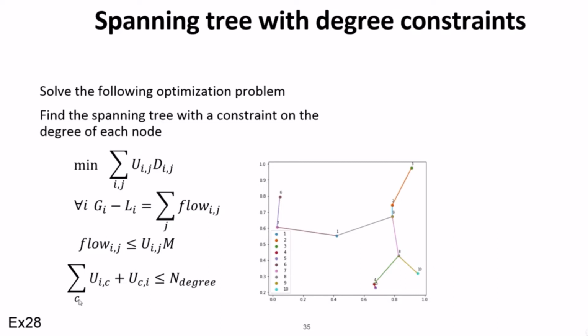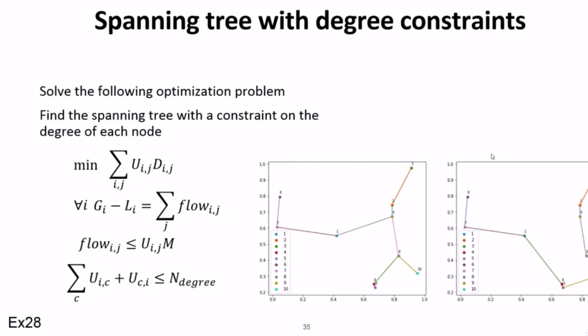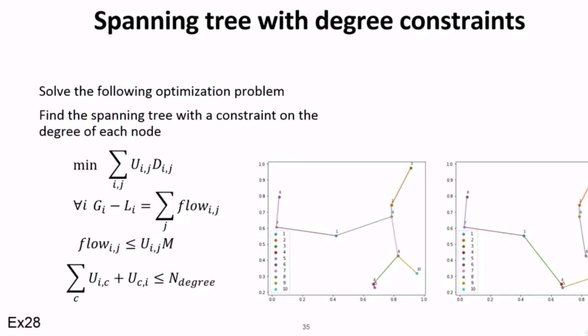We add this constraint to the formulation and see the results. If I limit the degree of each node to, for example, 2, then the same dots are connected to each other in a different way. Here you can see that the maximum degree is 2.